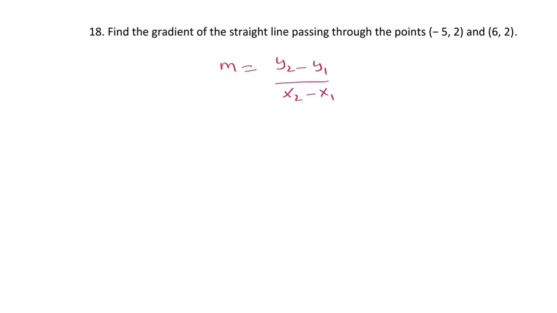From the given points, x1, y1 is -5,2 and x2, y2 is 6,2. Substituting these values, we have m equals 2 minus 2 over 6 minus (-5). Solving this, we have 0 over 11, which becomes 0. And this is the gradient of the line requested.